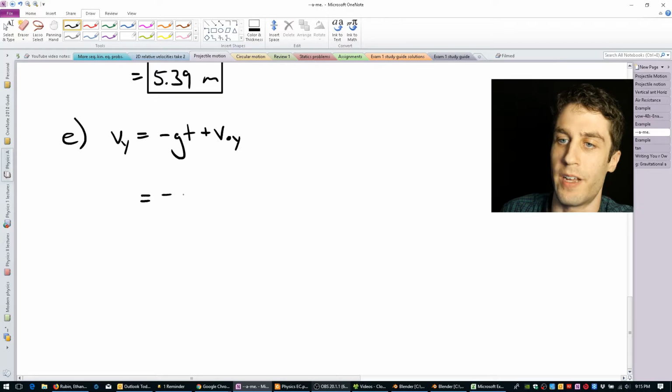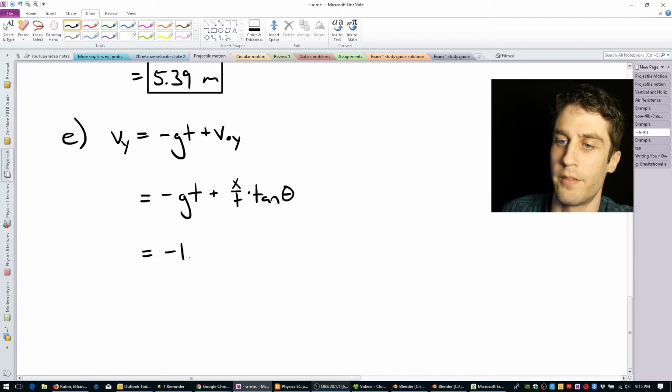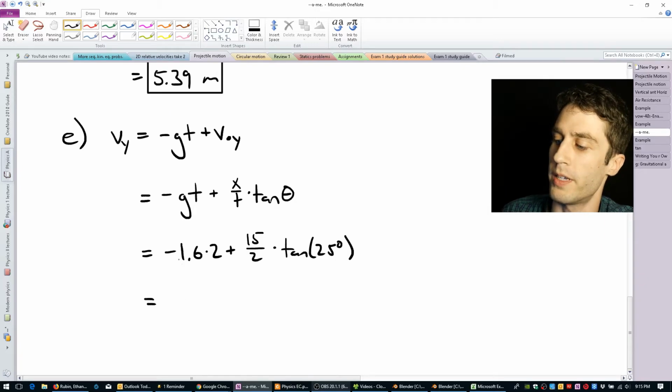And we can do a little bit of algebra. V naught y I had was x over t times tangent of theta, if you want to write it only in terms of given quantities. But the point is that if you plug in those values, negative 1.6 times 2 plus 15 over 2 times the tangent of 25 degrees, I think those are the values, what you should find is it's 0.297 meters per second.